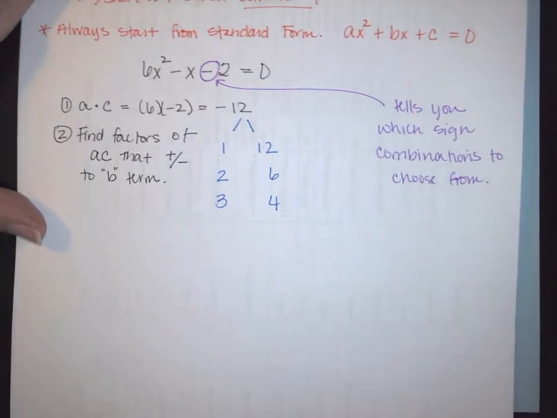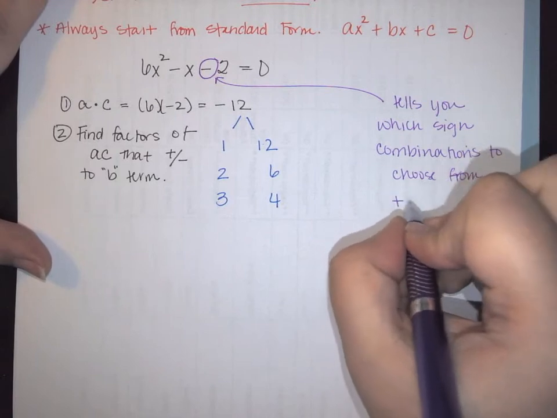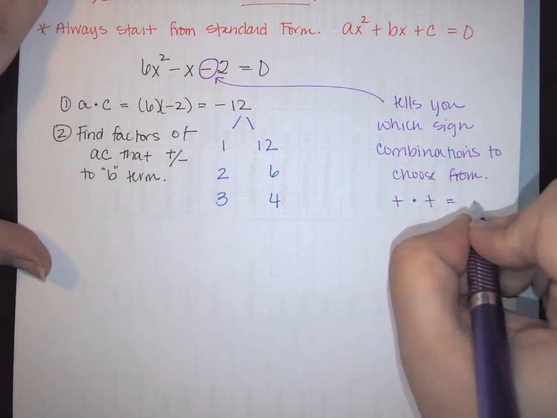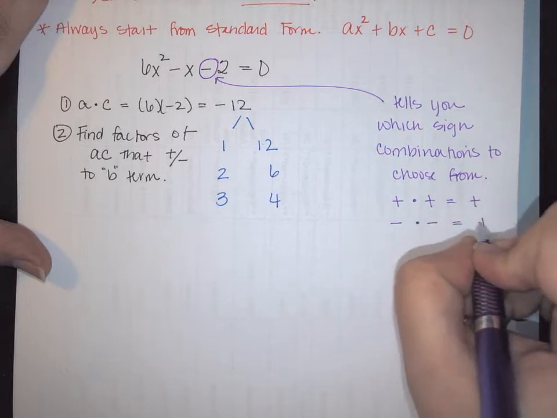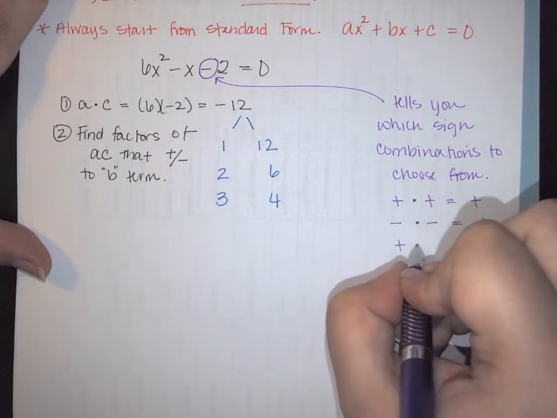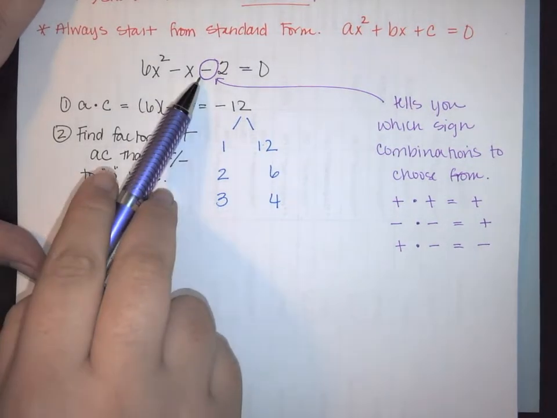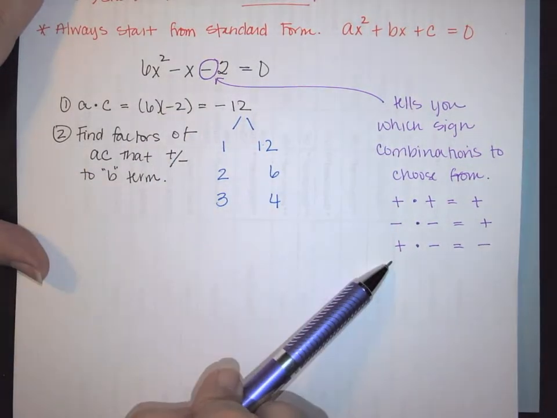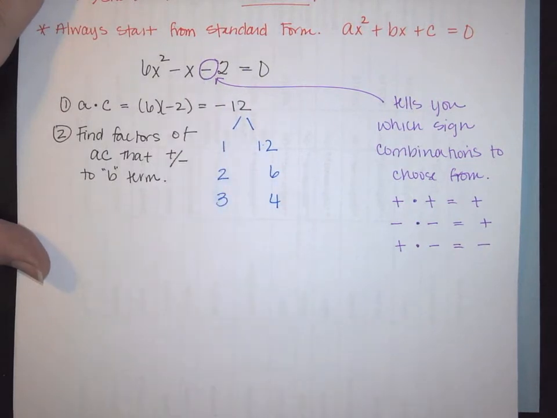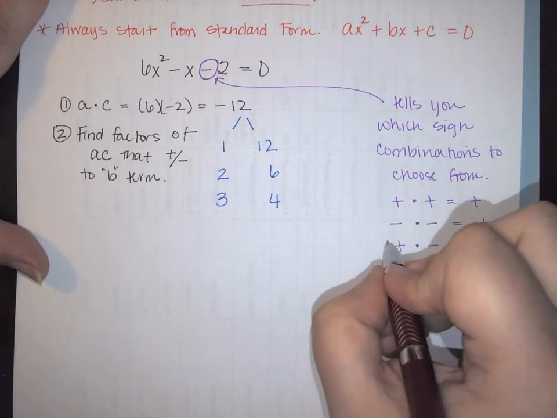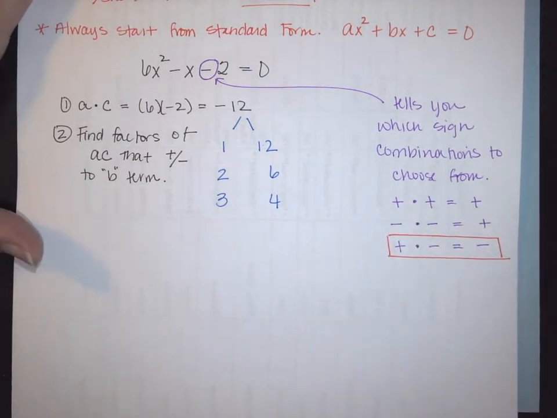So what that means is that I have sign combinations that say positive times positive equals positive, negative times negative equals positive, or positive times negative equals negative. So this back term tells me which one of these combinations I have to use. So I'm multiplying to a negative, which tells me the only combination I have is my last one. And that's the combination I have to use.